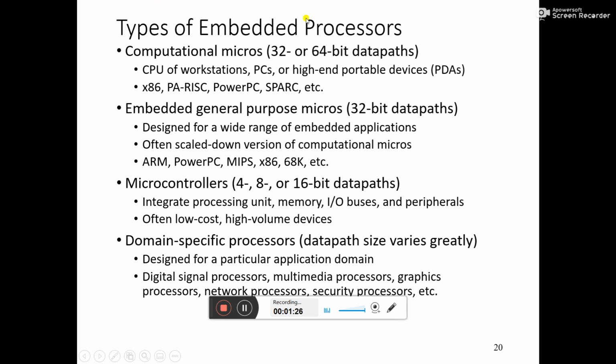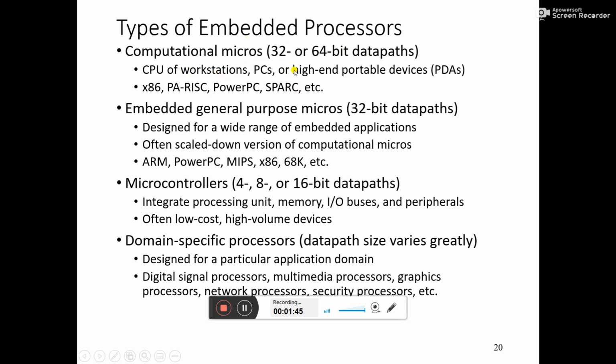So what are the types of embedded processors? There are computational microprocessors, which are 32-bit or 64-bit. For example, the CPU of a workstation, PCs or high-end portable devices are 32-bit or 64-bit microprocessors.